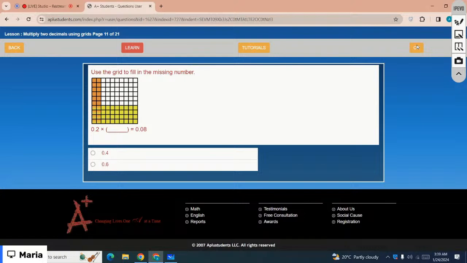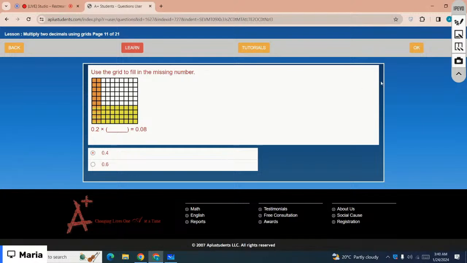Use the grid to fill in the missing number. 0.2 times. Which number is missing?